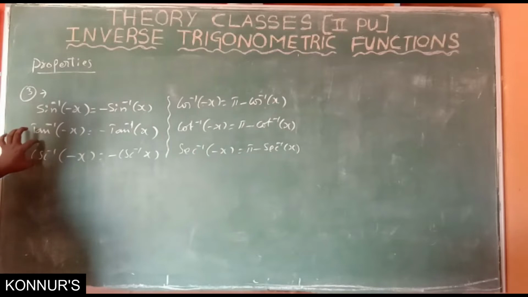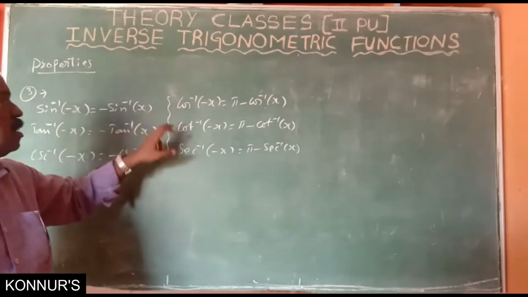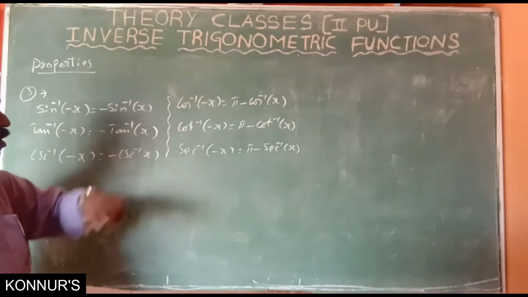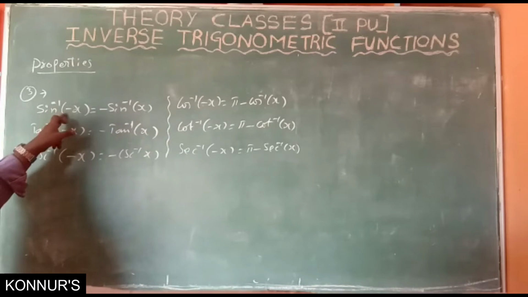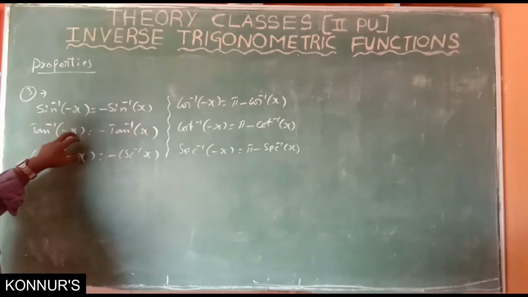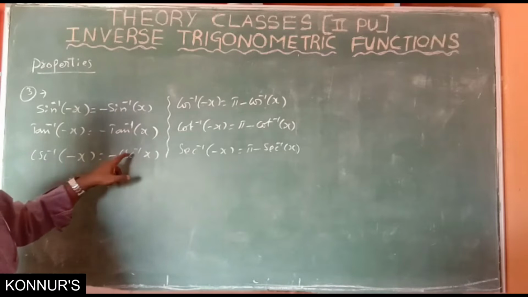Sine, tan, cosecant on one side; cos, cot, secant on the other side. You see, sine of minus theta is minus sine theta in the regular trigonometric ratios, tan of minus theta is minus tan theta, cosecant of minus theta is minus cosecant theta.